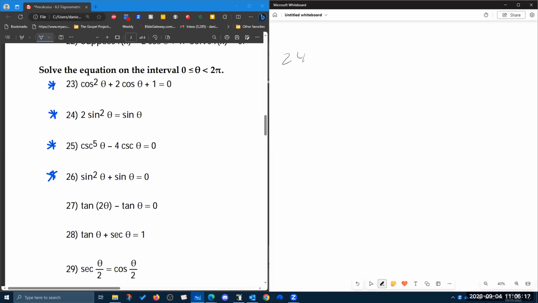For number 24, 2 sine squared theta is equal to sine theta. We want to bring the sine theta over to make this 2 sine squared theta minus sine theta is equal to 0. We want to factor out a common factor of sine theta.